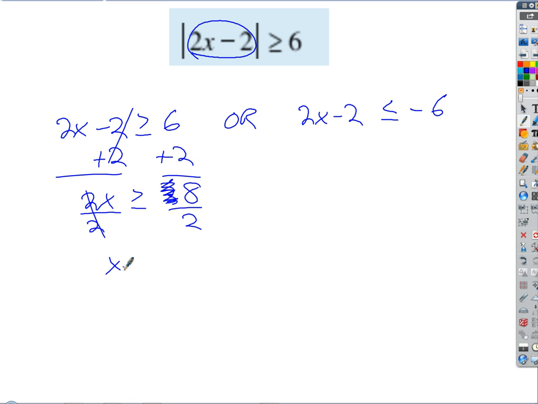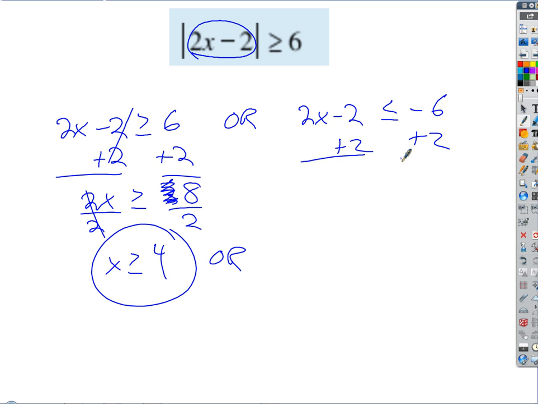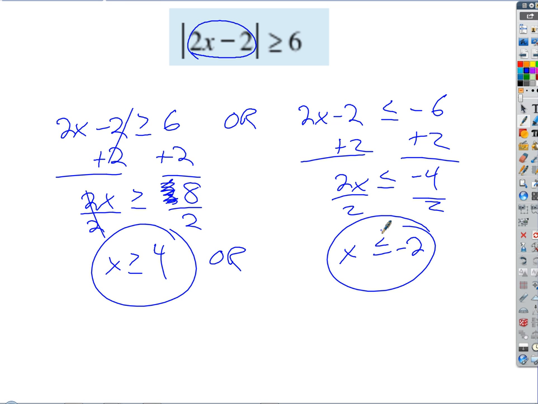So I get x is greater than or equal to 4, or what's the outcome over here? If I add 2, 2x is less than or equal to negative 4, x is less than or equal to negative 2, right? But the instructions say something about that. So we're greater than or equal to 4, or less than or equal to negative 2. Not "and", it's an "or" statement, right? And we have to specify that.